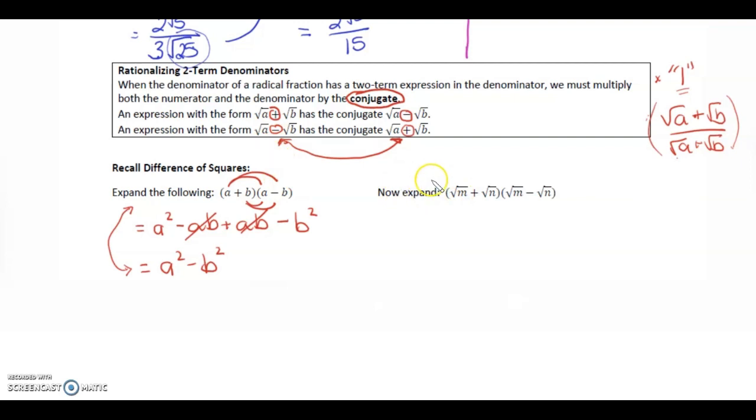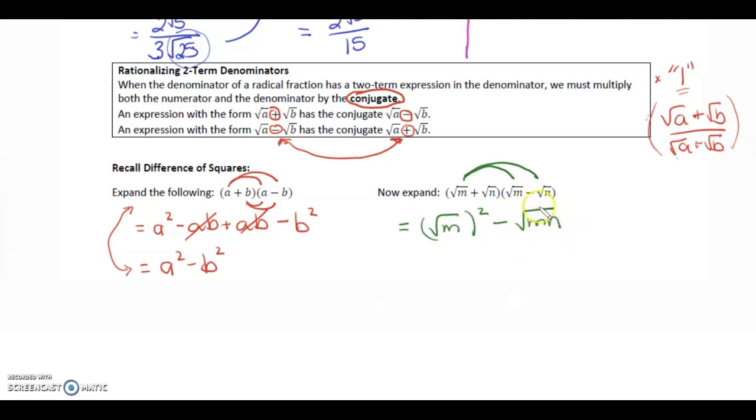Okay, so the same thing is going to happen with radicals. So root m times root m, we're going to get root m, and that's going to be squared. Root m times negative root n is going to be negative root mn.